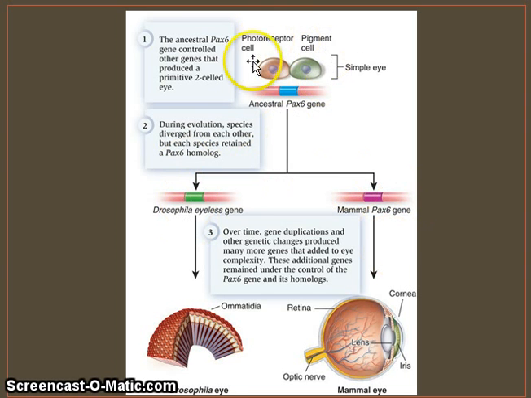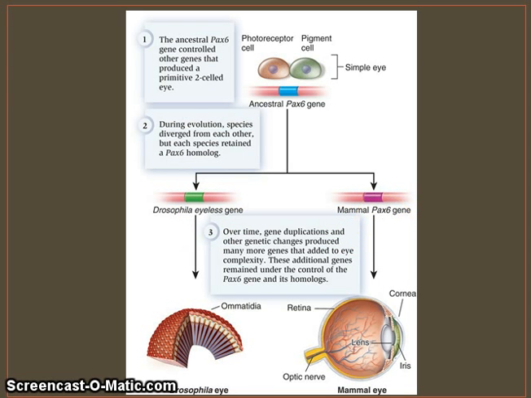So we can see here we start off with our simple eye, which Darwin proposed, made up of one photoreceptor cell and one pigment cell, and we have one ancestral Pax gene. And so throughout evolution, species eventually diverged from each other, but they still managed to retain a certain Pax6 homologue. So fruit flies maintain the eyeless homologue, and mammals maintain the Pax6 gene.